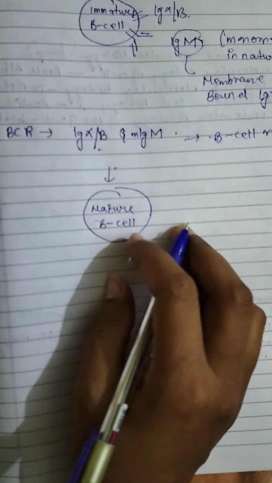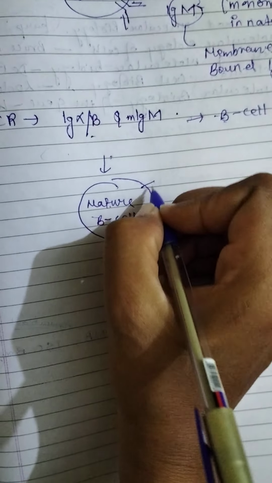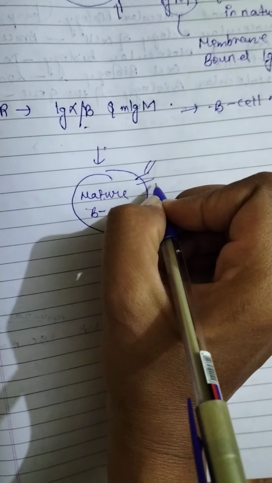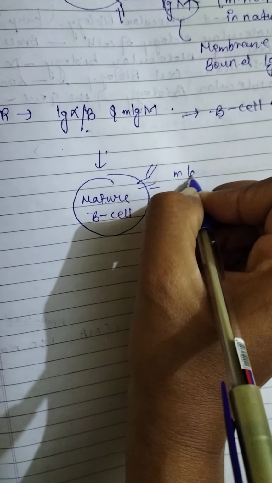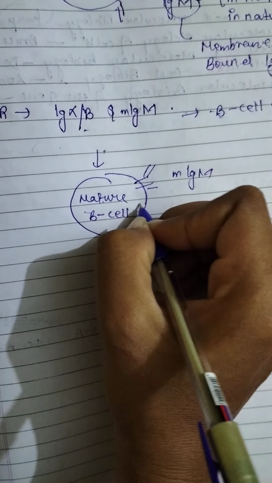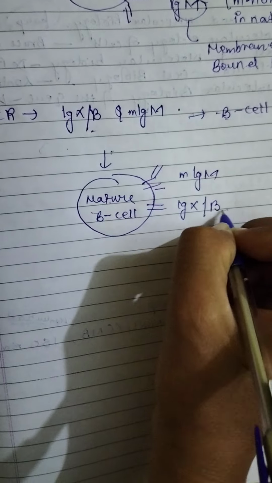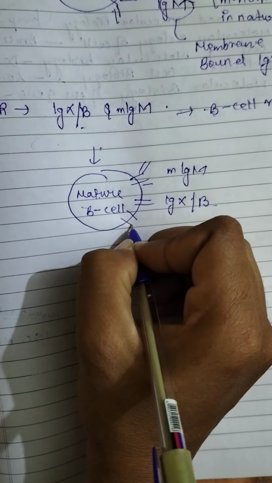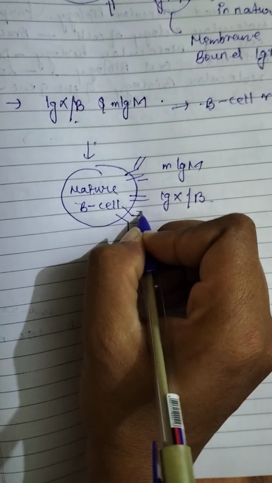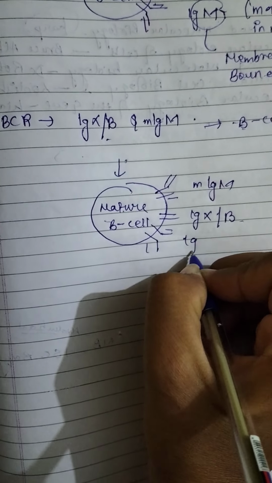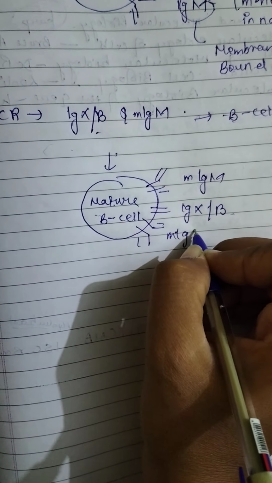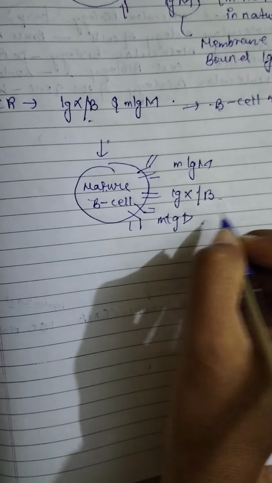Okay, a mature B cell consists of membrane bounded IgM, Ig alpha beta, and another antibody, membrane bounded IgD.